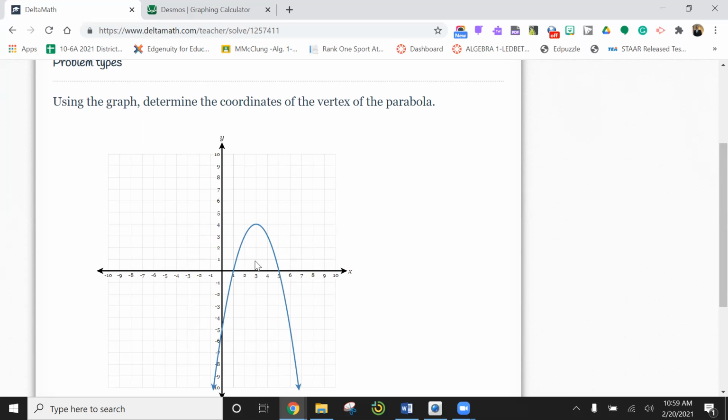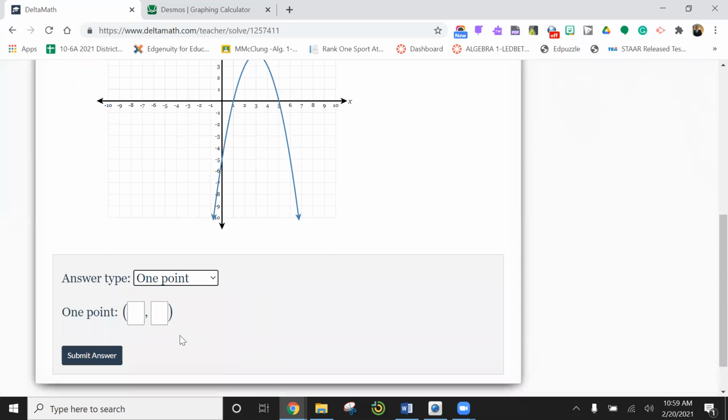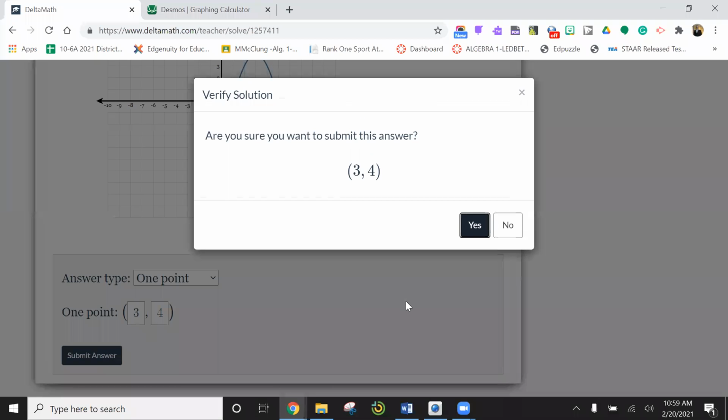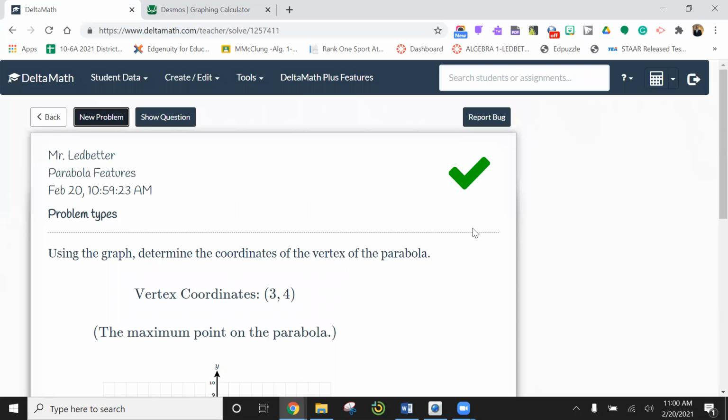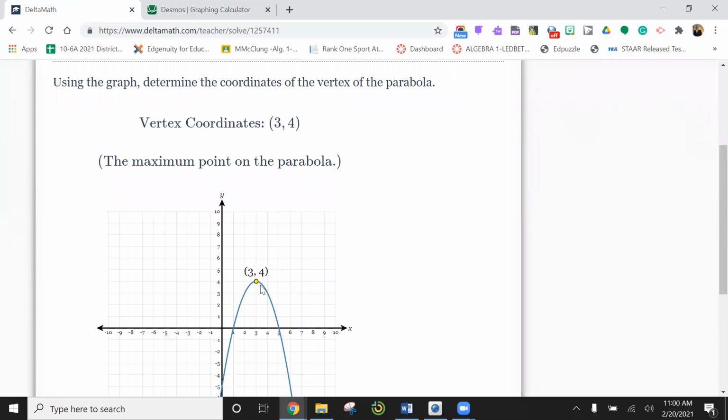So our x value is 3 and our y value is 4. It's one point, so we go up here and put 3 and 4. Hit submit. And there it is. Our vertex is a maximum.